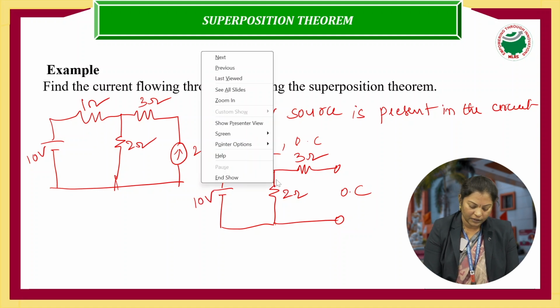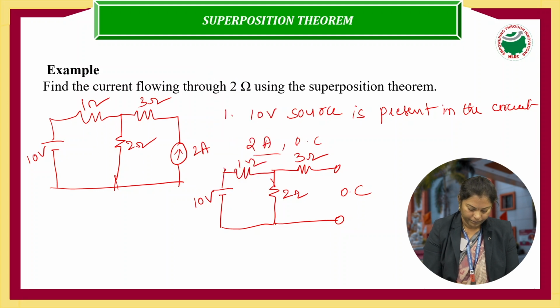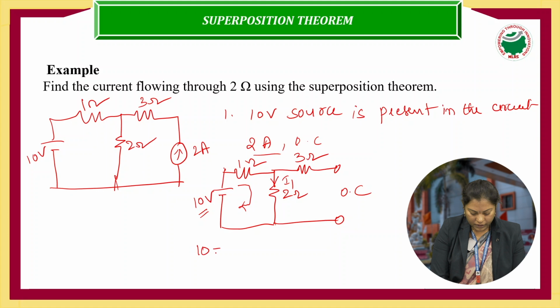Now I am considering the current in the 2 ohm resistor; let us call it I1. I am calculating the current I1 by taking only the 10 volt source. By applying KVL to this loop, I write the KVL equation: 10 volts equals 1 into I1 plus 2 into I1.